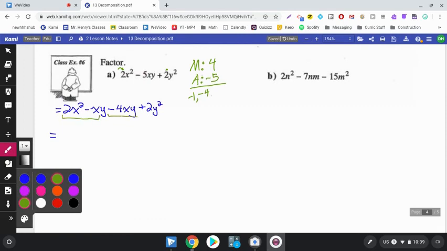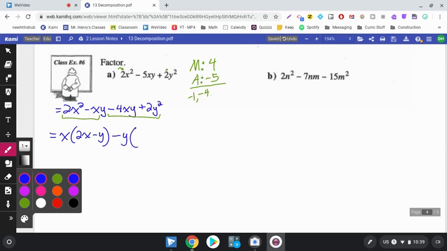First group, second group, careful with that negative. Both of my terms were negative, so I couldn't avoid it. 2x squared minus xy. I could factor out an x. And I get 2x minus y. And then the next one, minus 4xy plus 2y squared. I have to factor out that negative. And both terms contain a y.